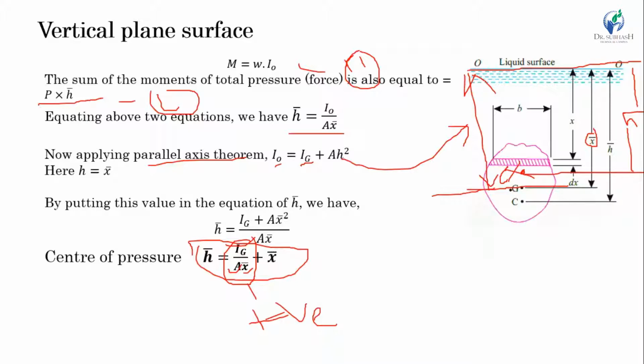So in this way, we have derived the equation for h bar, the location of the center of pressure, where h bar is the distance from the free surface of liquid. So this is the total pressure and center of pressure on vertical plane surfaces.